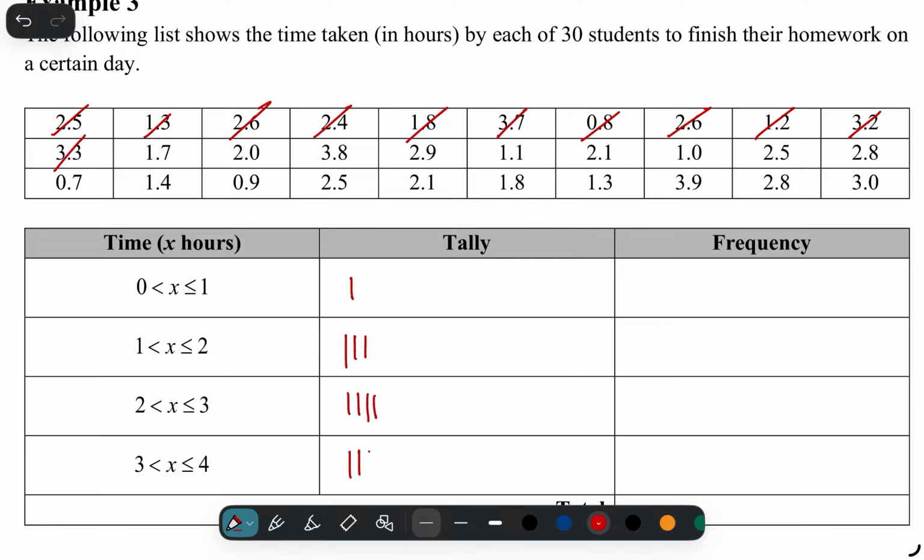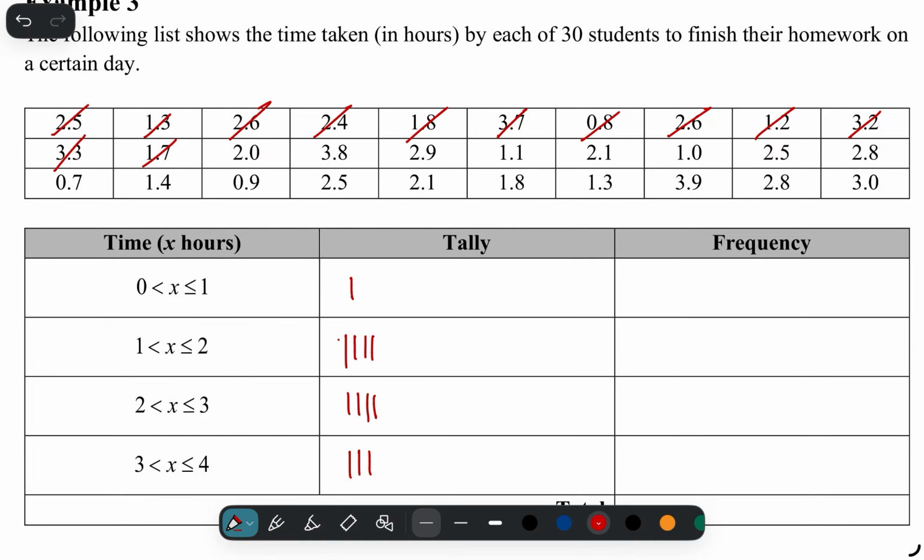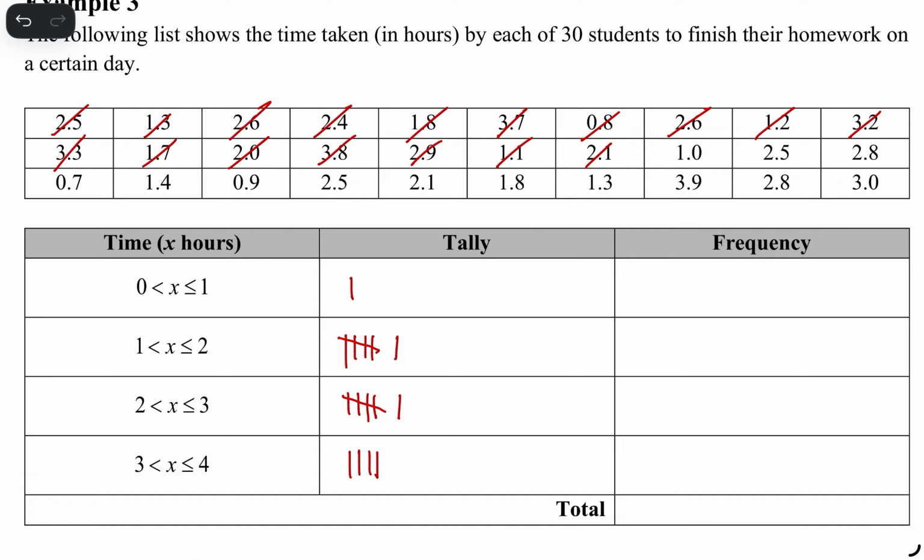3.3 under here, 1.7 under here, 2.0. Remember, 2 falls under this range here that includes 2. So this will be a cross like this. 3.8 will be between 3 and 4. 2.9 will be here. 1.1, another one here. 2.1. 1.0 falls between 0 and 1, which is over here.